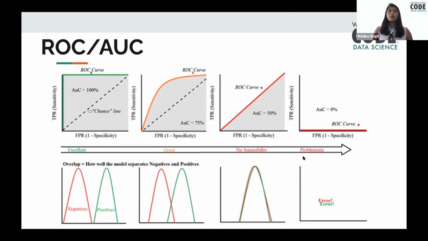A very poor model has an AUC that's very close to 0, and this means it has the worst possible measure of separability between your two different classes. In fact, it means that it's actually reciprocating the result, and so it's predicting zeros as ones and ones as zeros. And then when you have an AUC of 0.5 or 50%, it means that the model has no class separation capacity whatsoever. So it's basically just guessing, your 50-50 probability. It's not really learning anything.